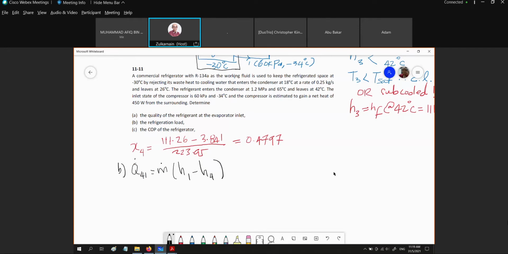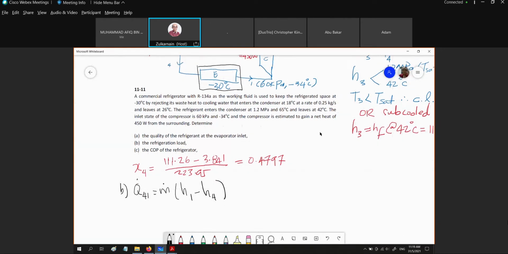That is our Q dot L. In this case, M dot is the M dot for the refrigerant.